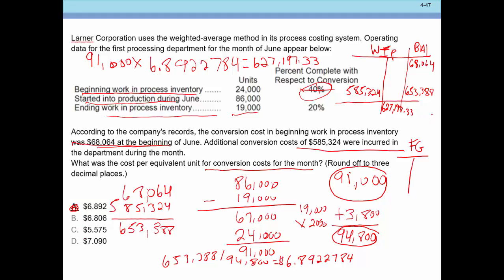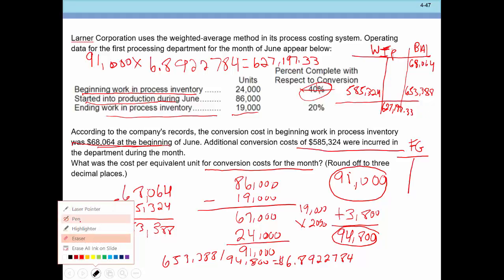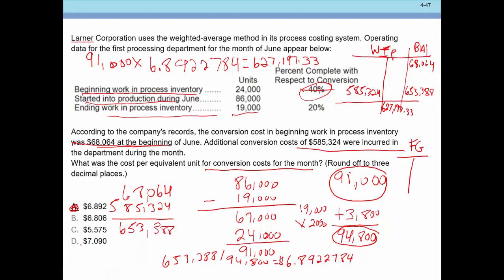I'm sorry, I didn't hear what you said. 26,001. Right. 627,197.33, right? Off of the 653, that's going to give me now this 26,190, right?